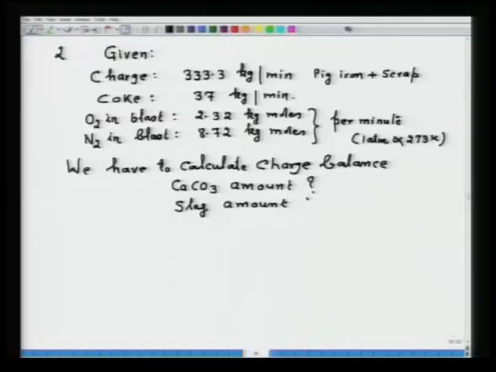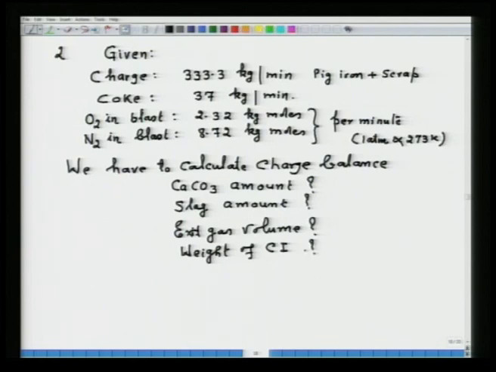You should calculate completely, so that input and output match each other. Slag amount is also not known, exit gas volume is also not known. Then the weight of cast iron, or the amount of cast iron, is also not known. So, these are the quantities that you have to calculate.